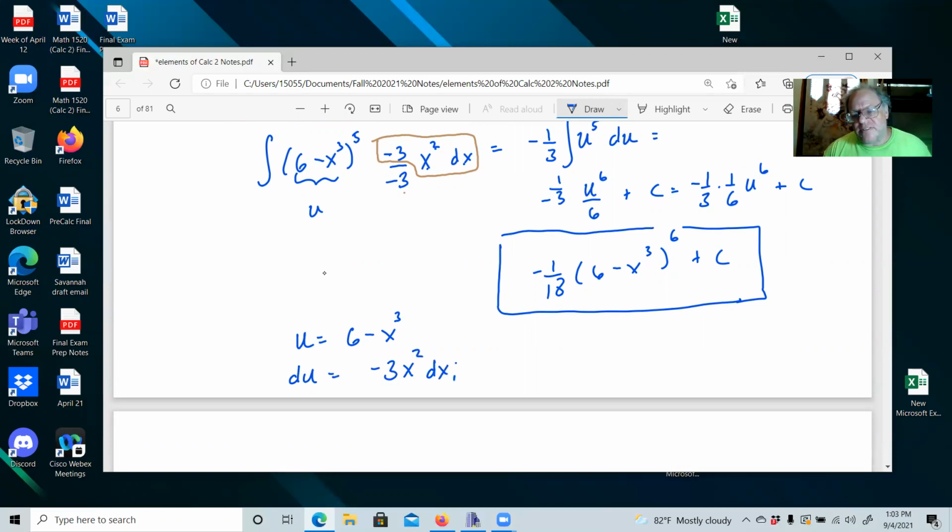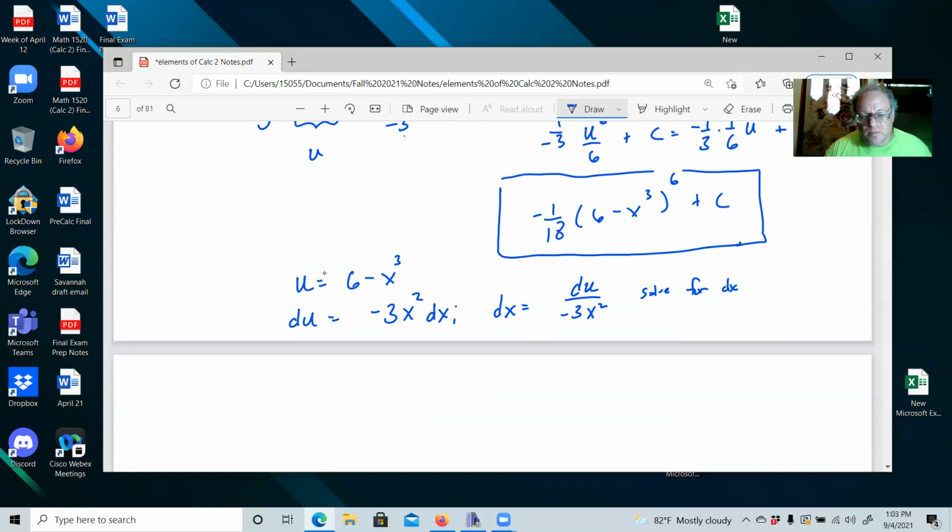What they do now is say dx equals du over negative 3x squared. So all I did here was solve for dx. When we do our integration here, we still have our (6 minus x cubed) to the 5th.